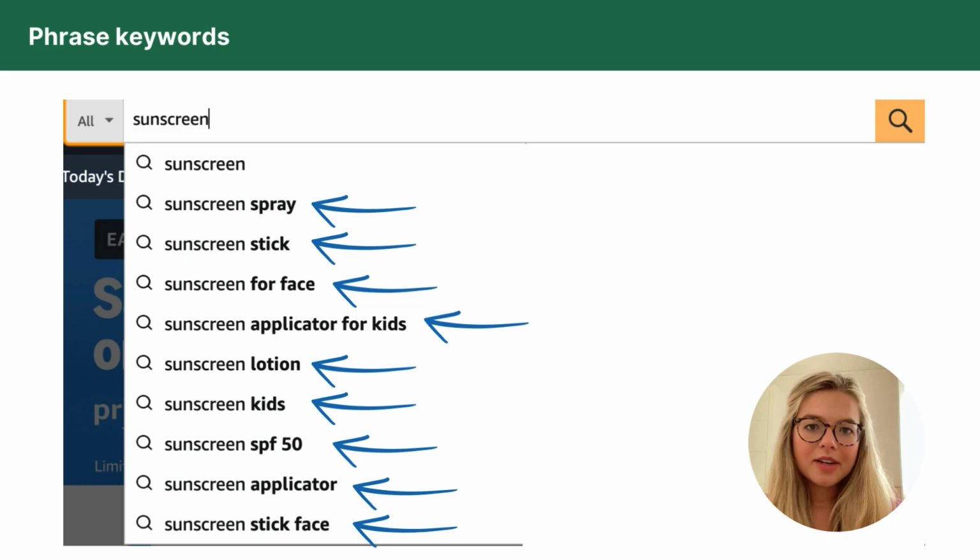Phrase keywords, on the other hand, means that my ad will show only on a search that includes my keyword, maybe with a word before or after it. So, for example, with my sunscreen, I can see sunscreen spray, sunscreen stick, and sunscreen lotion. And this can also include misspellings, singular, plurals, acronyms, things like this.